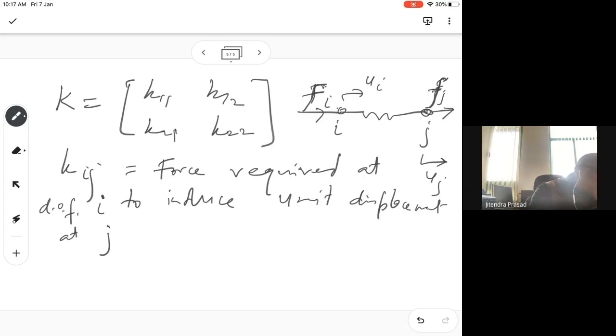Or we can also write it the other way around: force required at degree of freedom j to induce unit displacement at i.